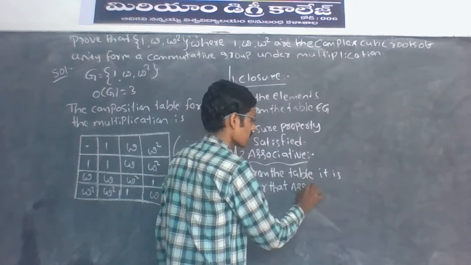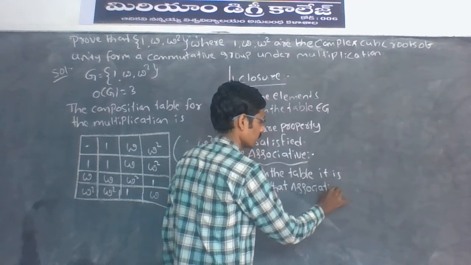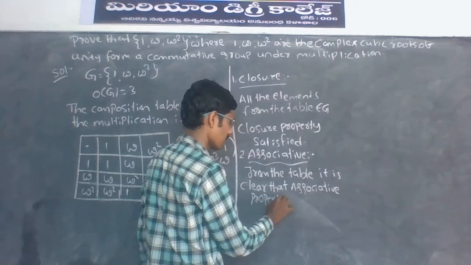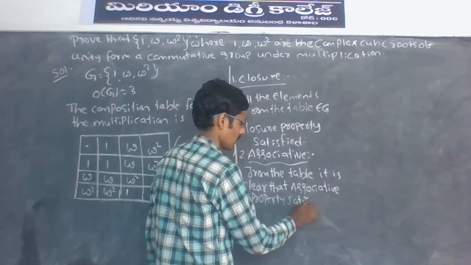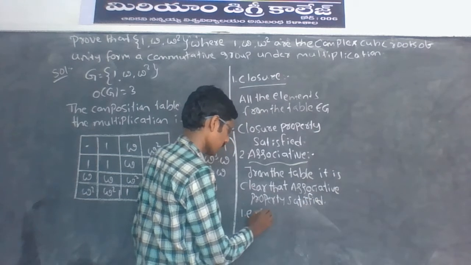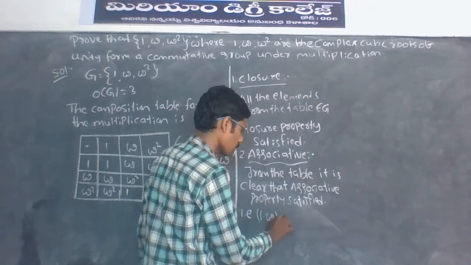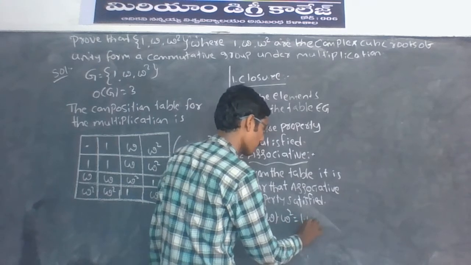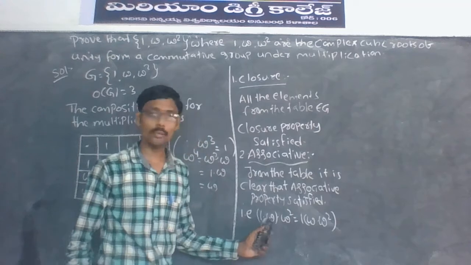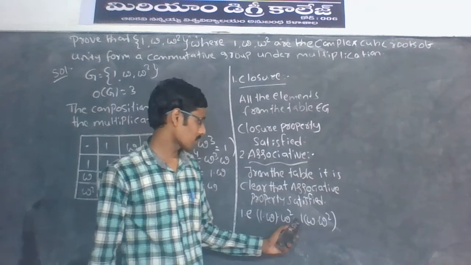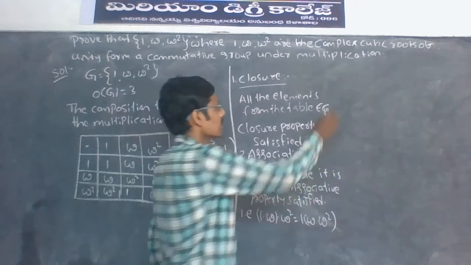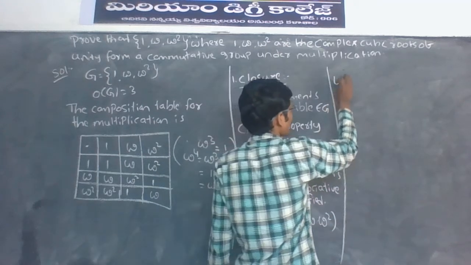That is, 1 into omega square is equal to 1 into omega square. 1 into omega is omega square, which is equal to 1 into omega square. So associative property satisfied.